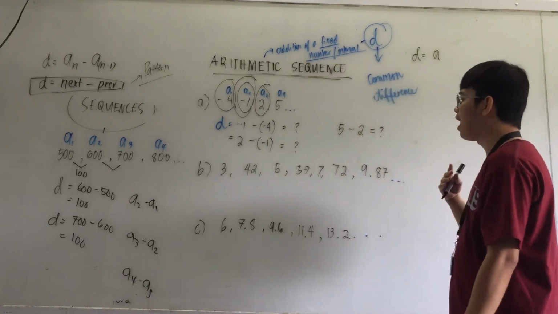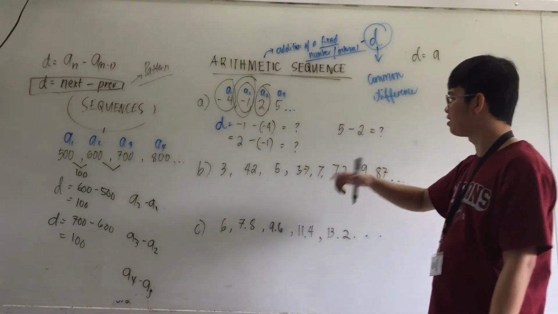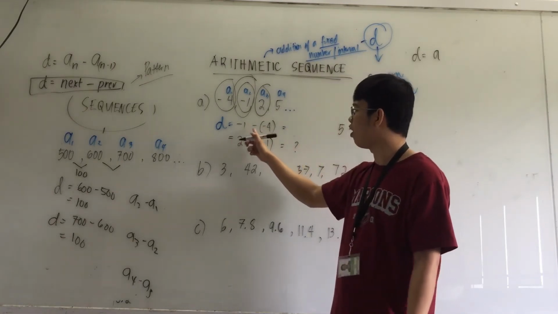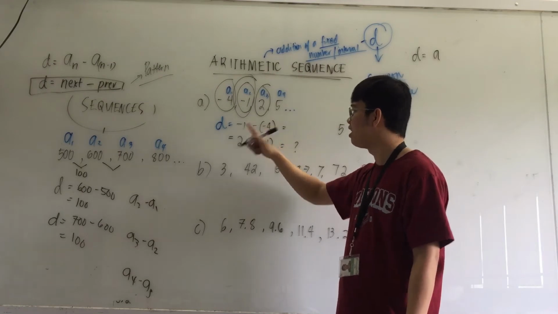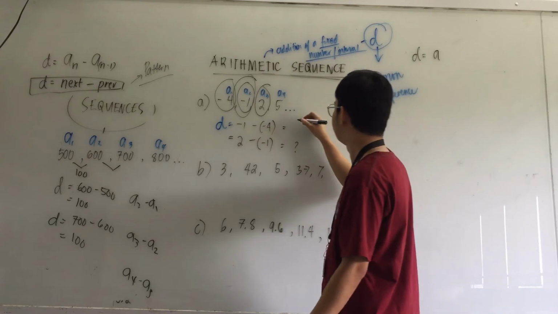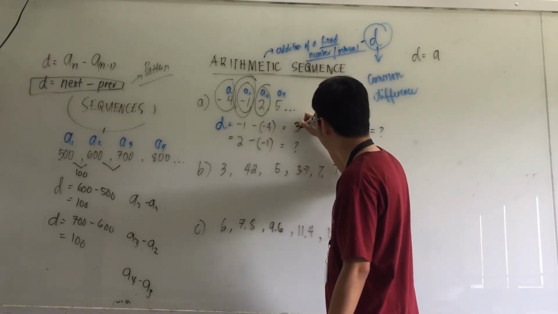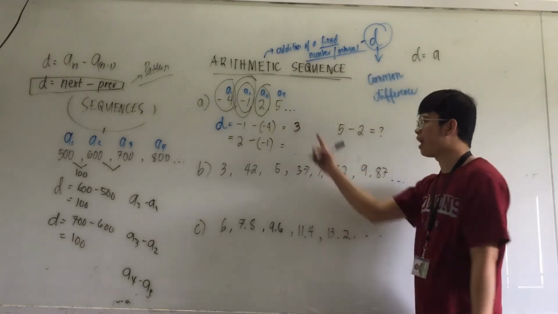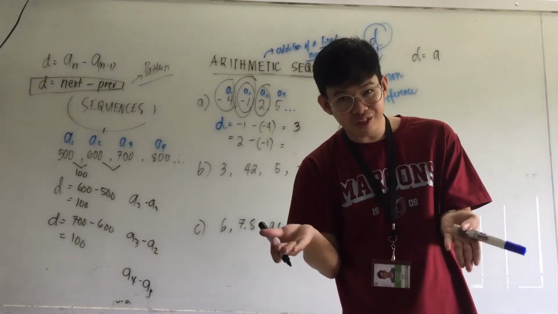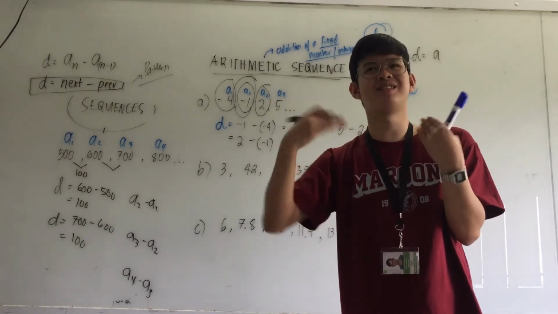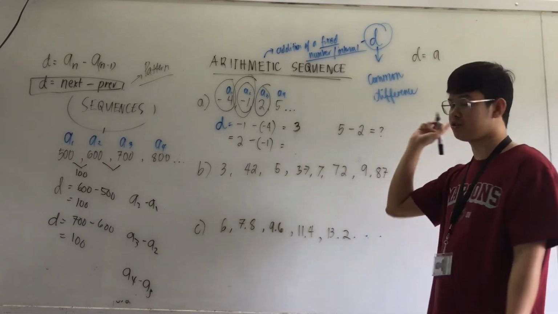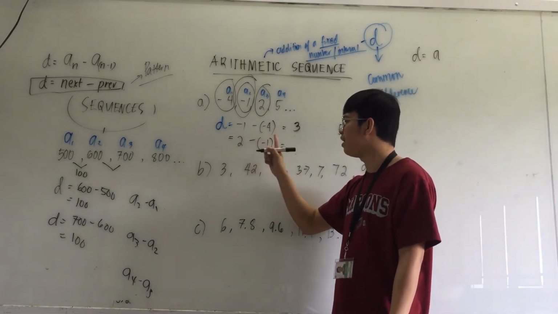Now, we need to solve for this. What is negative 1 minus negative 4? This becomes plus. Therefore, negative 1 plus 4 becomes 3. So we have the first difference. But for us to say that it is common, of course, common means the same. This should have 3 and then 3 also. Therefore, we have 2 minus negative 1.